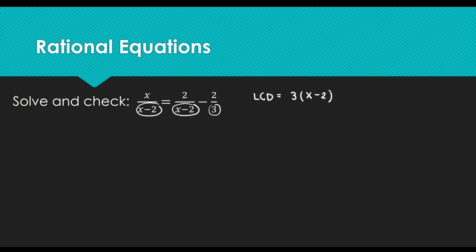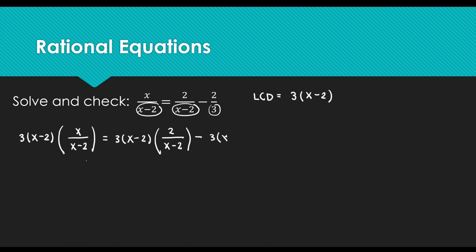So 3 times the quantity of x minus 2 is going to be my least common denominator. So that's what I'm going to have to multiply every single thing by. So it's going to take a second to write all of this out, but then hopefully we can visualize this.